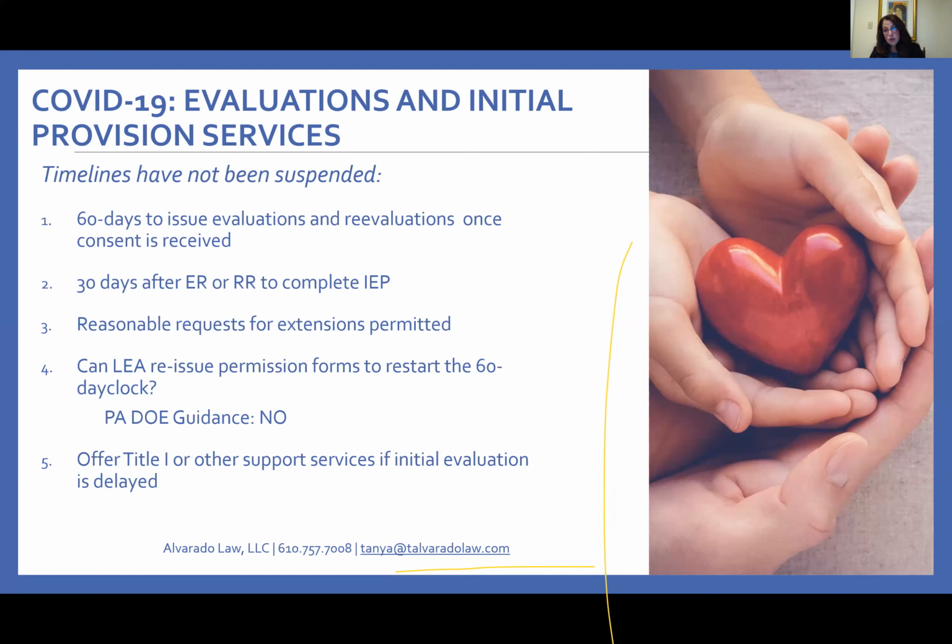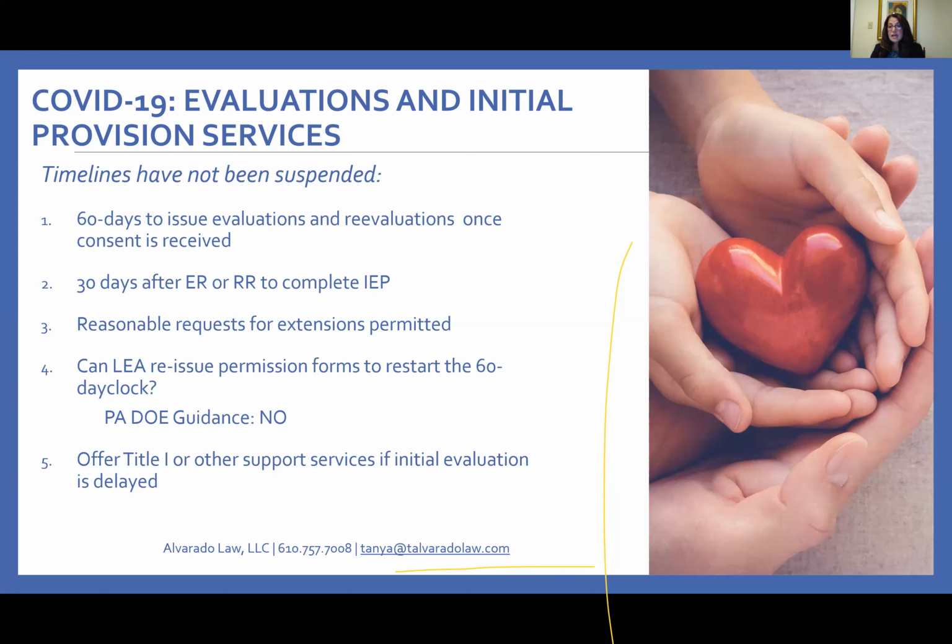They can, during COVID, ask for reasonable extensions for these timelines if they're necessary. That's a special provision for COVID when the schools were closed. If there was a reevaluation or an evaluation occurring at the time that the schools closed, there was a question to the Department of Education.